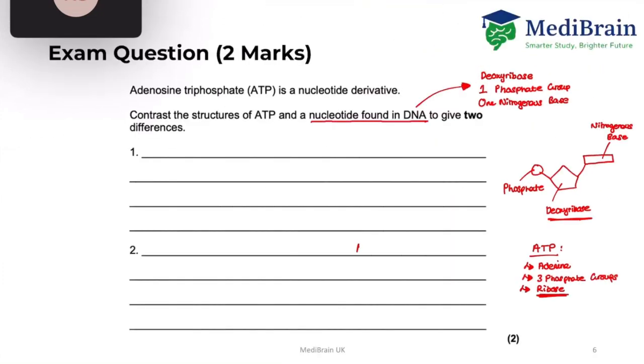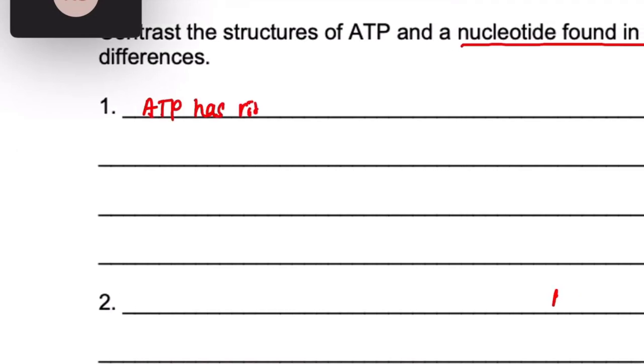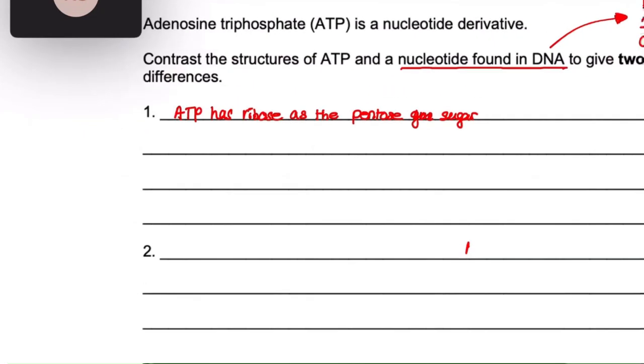So ATP has ribose as the pentose sugar, whereas a DNA nucleotide has deoxyribose as the pentose sugar.